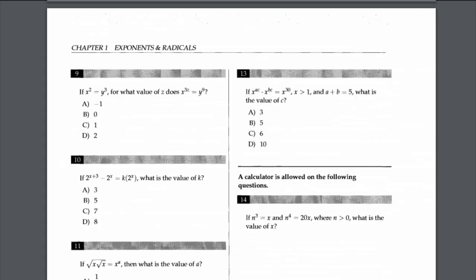Going to the right-hand side, x to the power of ac times x to the power of bc equals x to the power of 30. Here, if we are multiplying two numbers, we should add the powers. So it's ac plus bc. Here they need a plus b. If you take the c as a common factor, they said a plus b equals 5.